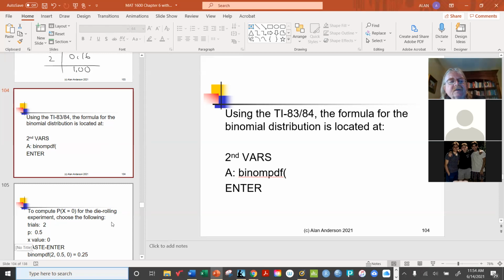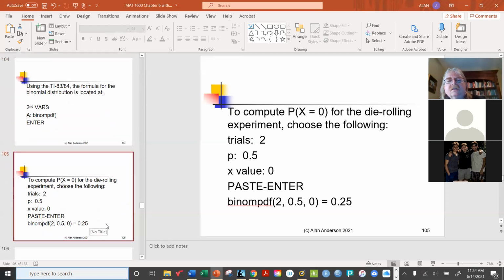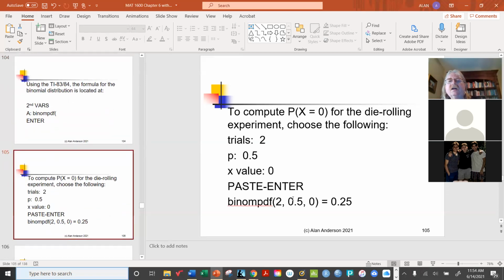What kind of information? Well, let's see. It needs to know the number of trials. Now remember, this is the die rolling experiment. There were 2 trials. The probability of success of an even was 0.5. Since you're trying to calculate the probability of getting no evens, X is 0 here.